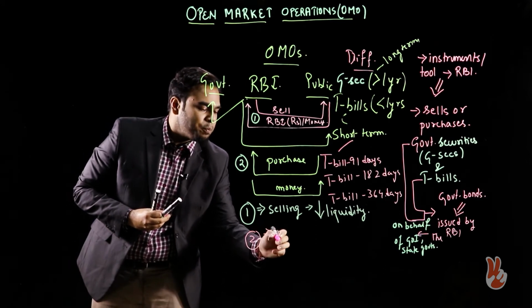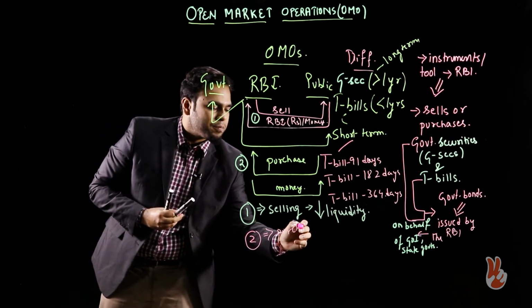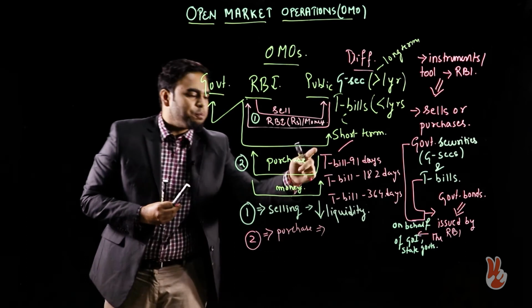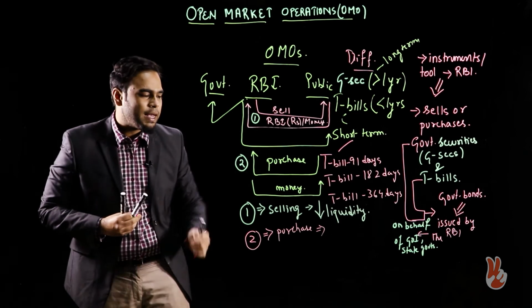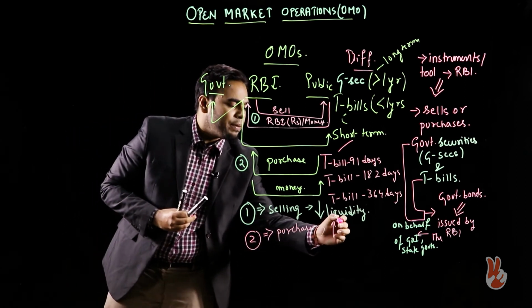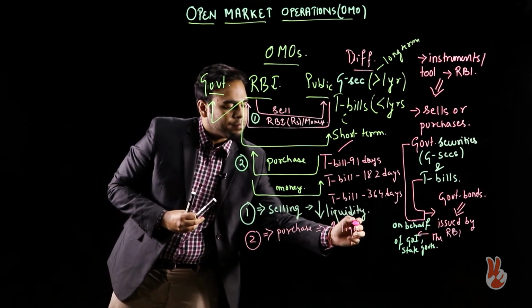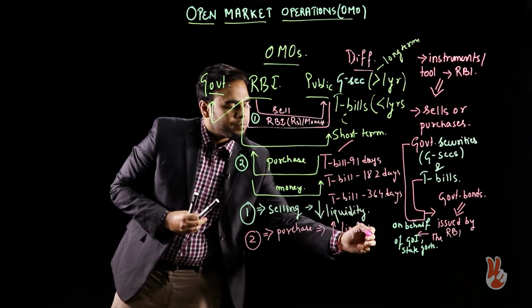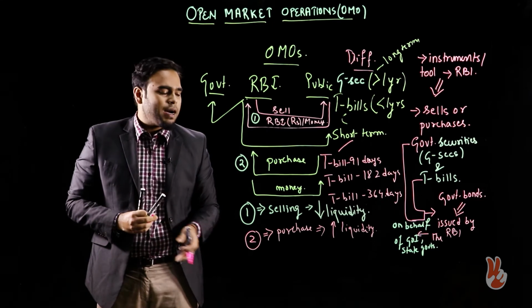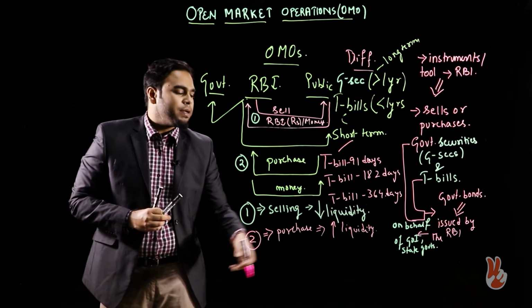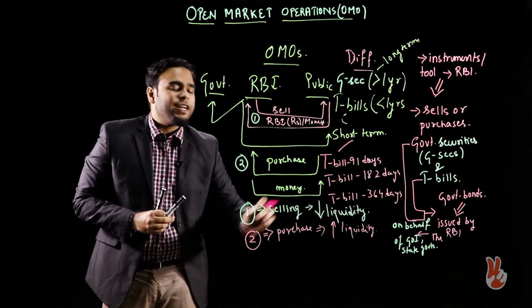The RBI is purchasing it. As the RBI is purchasing, money flow is taking place towards the public, as a result of which there will be increase in liquidity in the market. Fine. So, in the first scenario, there is a decreasing liquidity in the market, and in the second scenario, there is increase in liquidity in the market.